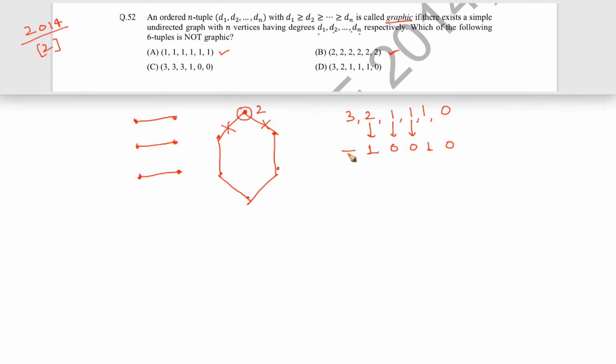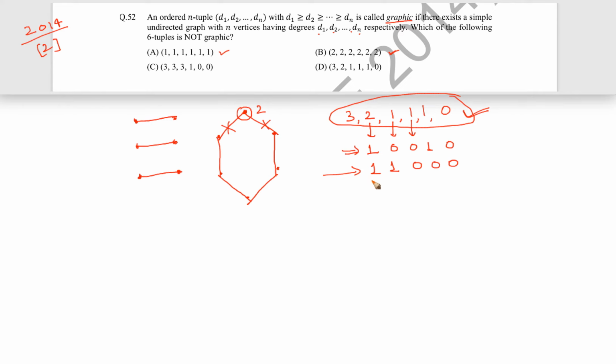However, you will again have to sort this in non-increasing order. So it becomes 1 1 0 0 0, and you apply the Havel-Hakimi theorem again. In the end, if there is a contradiction, or we do not get a proper degree sequence, then we can say that the initial one is not a graphic. However, if we get till the end without any problems, then we can say that the initial one is a graphic.